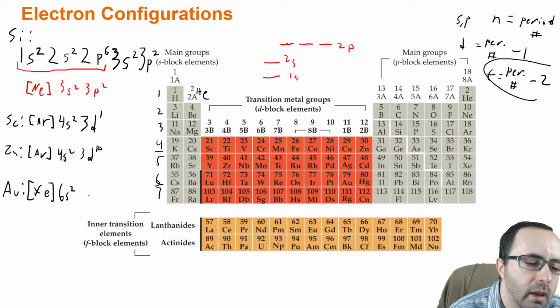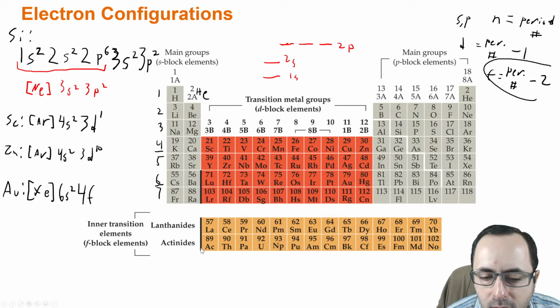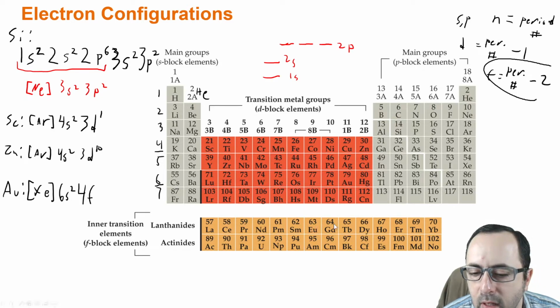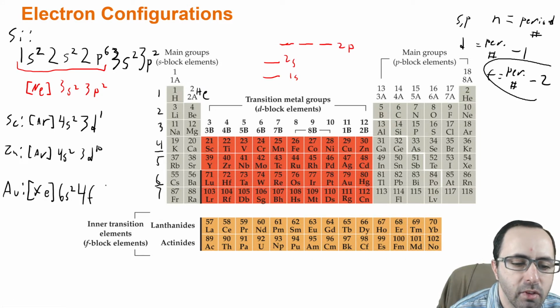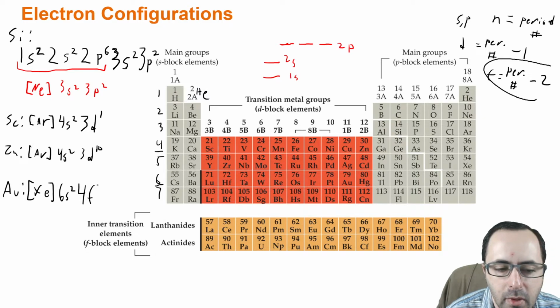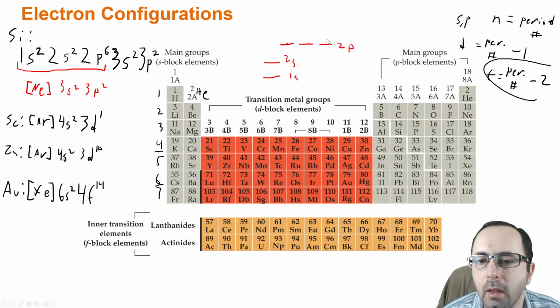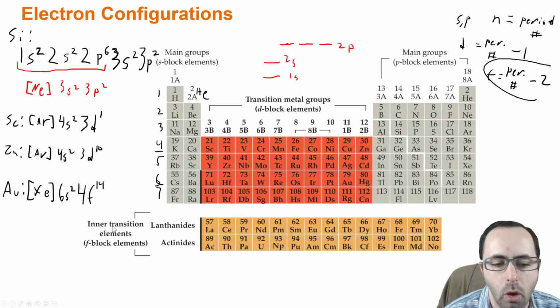So we'll say 4f. And then we count across: 1, 2, 3, 4, 5, 6, 7, 8, 9, 10, 11, 12, 13, 14. F orbitals can fit 14 electrons because they come in sets of 7 that are degenerate, kind of like the 2p's here that come in sets of 3 that are degenerate, but they have more.